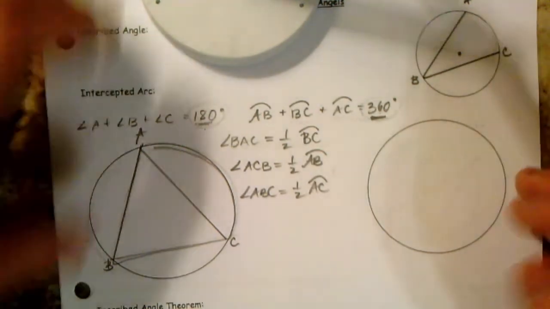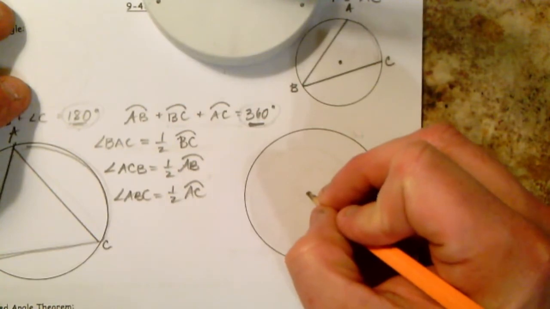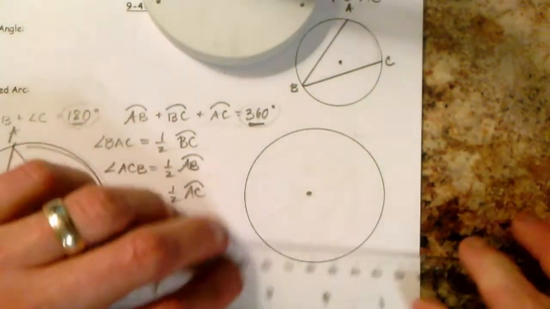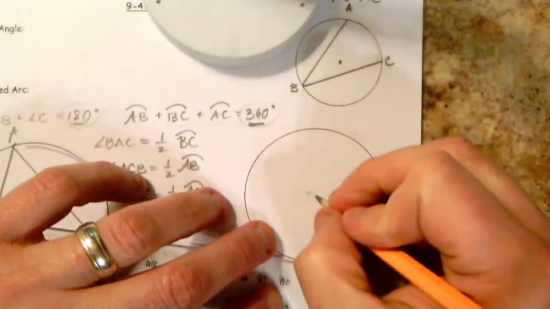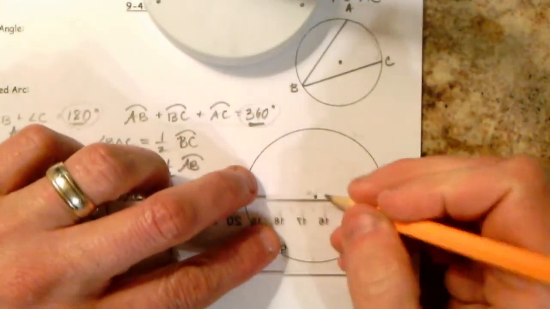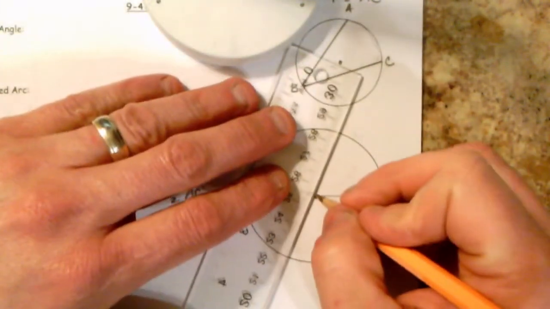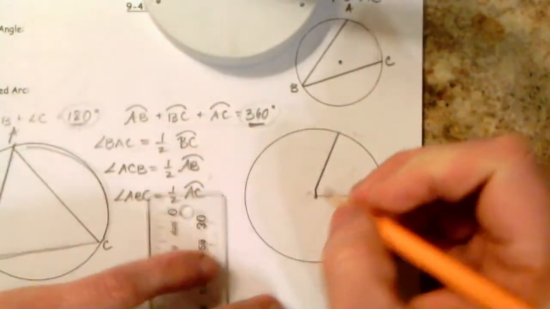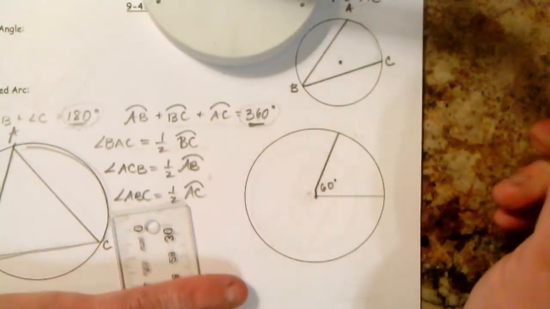Okay, so I want to take you back and review something here real quick, and that's this. If you remember back to last week, if that's the center point of the circle, okay, I'm going to do it right here. Let's say that this angle is 60 degrees, okay?